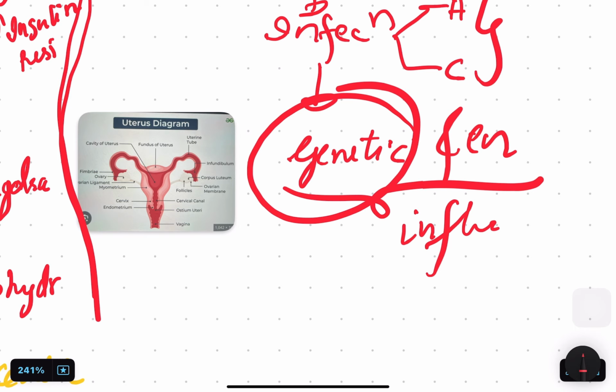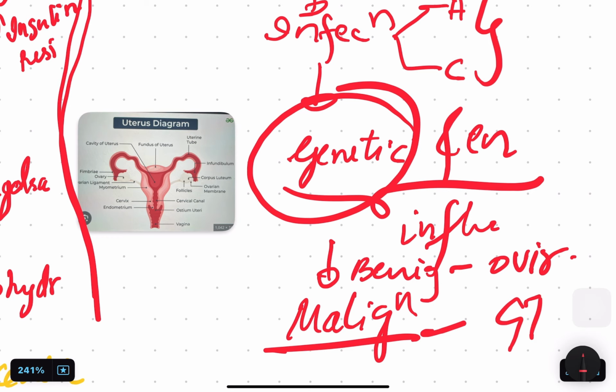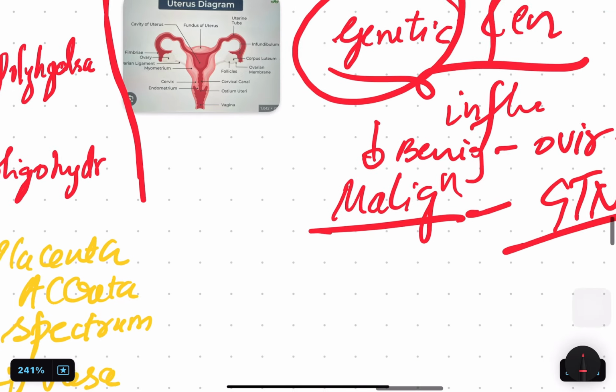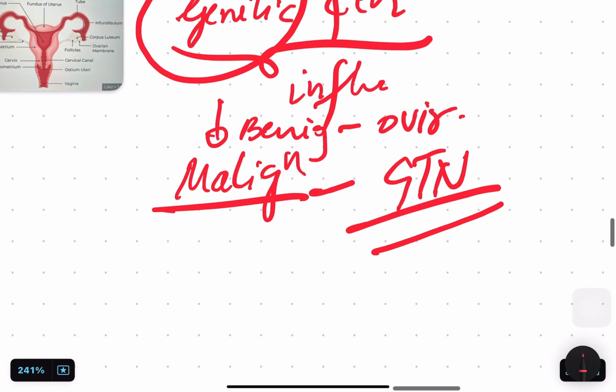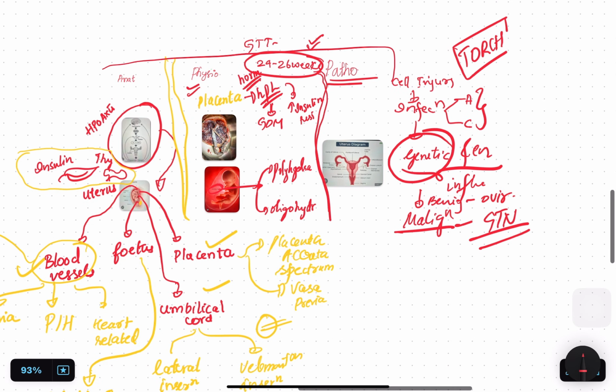And also all these gestational trophoblastic neoplasias, which we are going to study in subsequent videos, are something you need to remember from the malignant part, or benign part, ovarian cyst and GTN. Okay, got it. So now the approach is done. That is our anat, physio, patho.